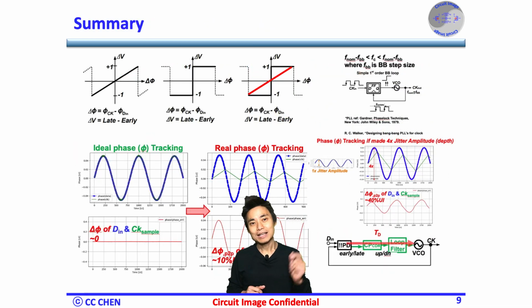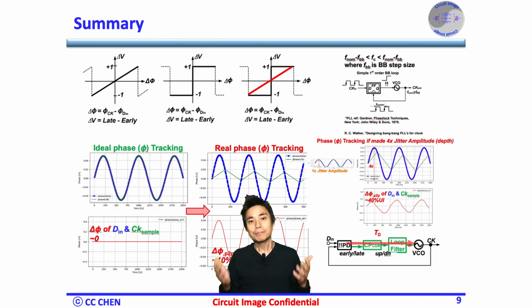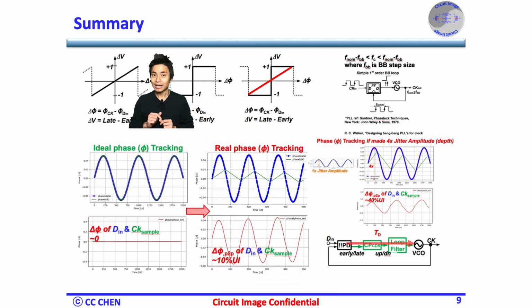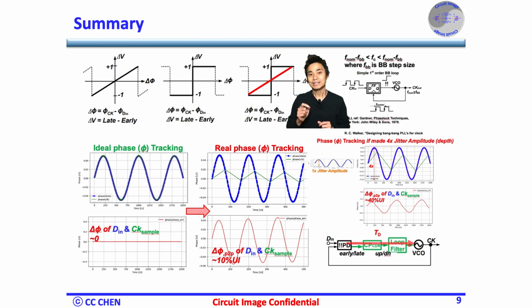Here is a summary of why we need a bang-bang loop dynamic analysis or phase tracking modeling in a bang-bang CDR design. To analyze the CDR behavior easily, we either already use a linear phase detector, PD, or must linearize a nonlinear PD such as bang-bang, so that we could provide more insights into the CDR design parameters.